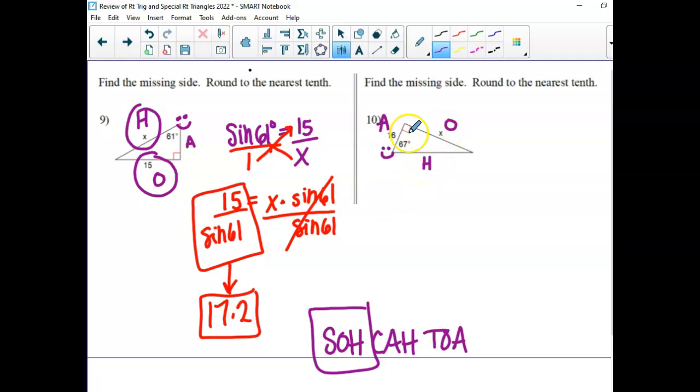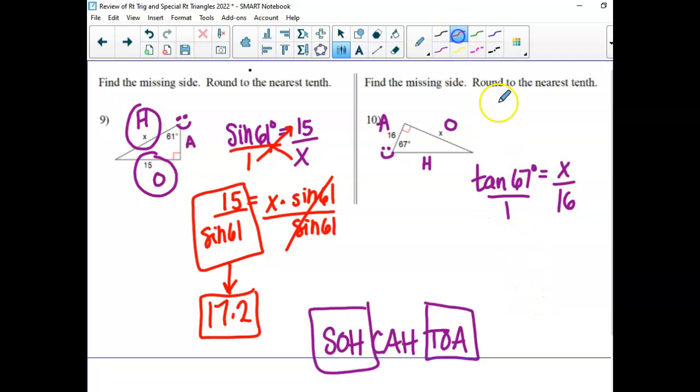I have an x and a 16 that are on opposite and adjacent. Therefore, opposite and adjacent indicates I need to use tangent. So I'm going to write the tangent of 67 degrees equals opposite over adjacent, which would be x over 16.